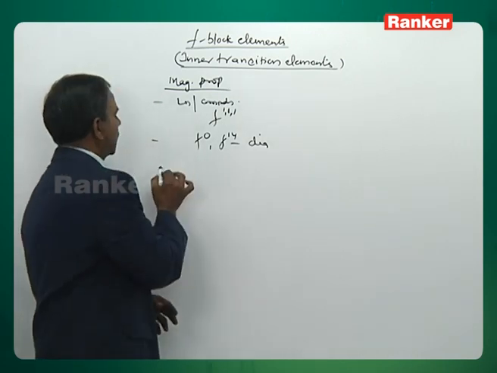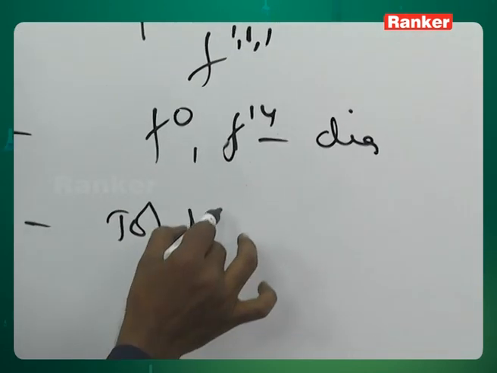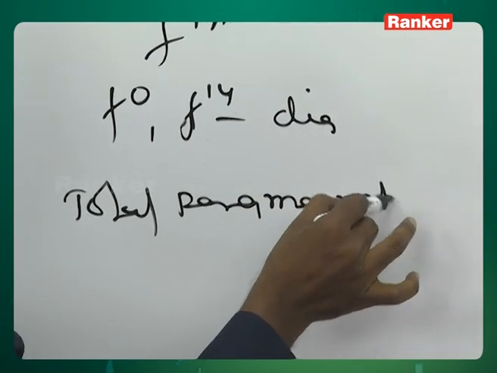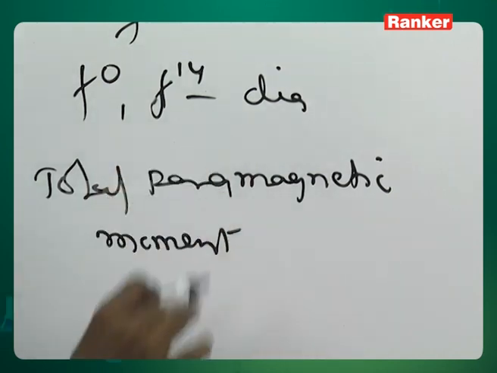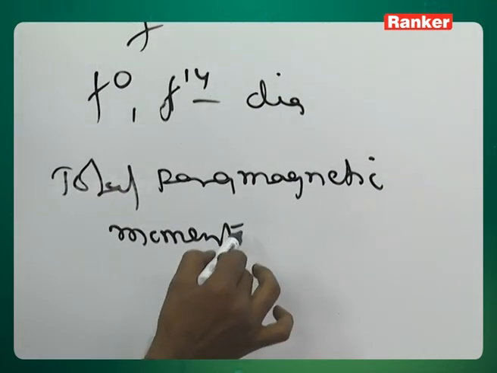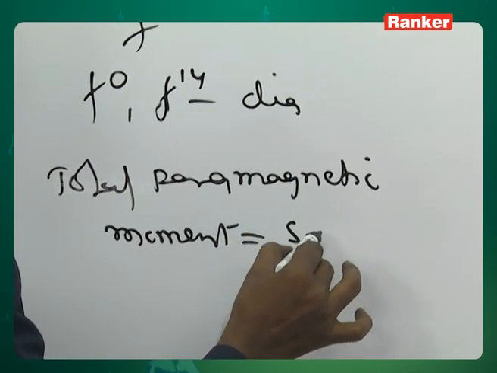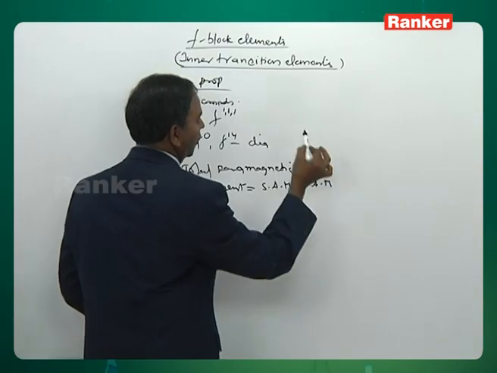Now consider the total paramagnetic moment. Total paramagnetic moment, as already given in d block elements, is spin angular moment plus orbital angular moment.